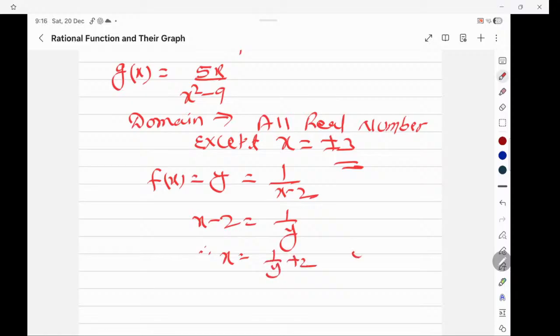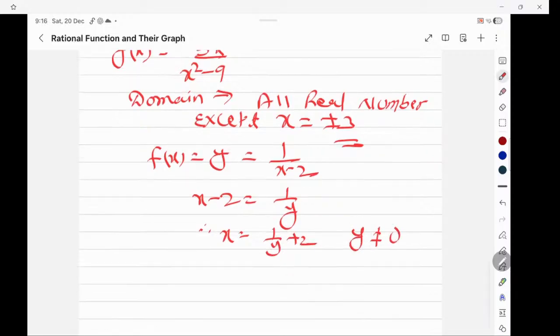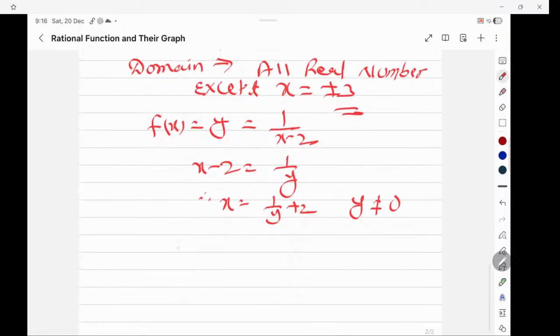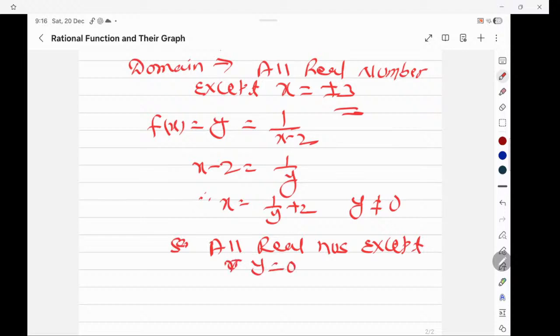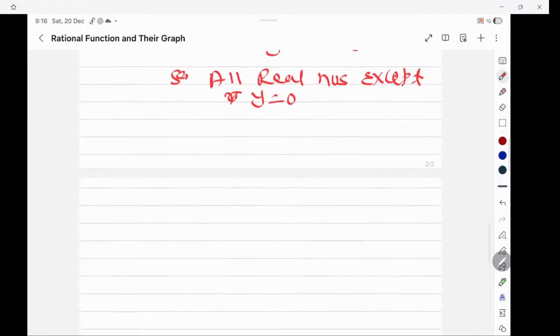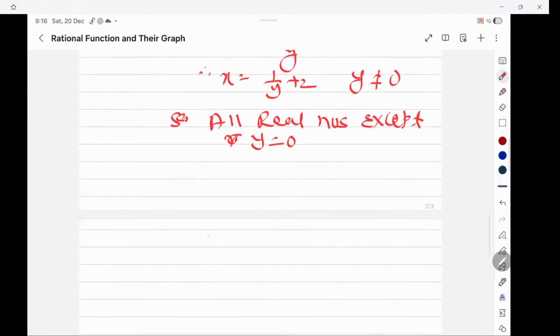That means y is not equal to 0, the set of all real numbers except y equals 0. And if you write it in the sense of a function, f(x) is equal to 1 over x plus 2.